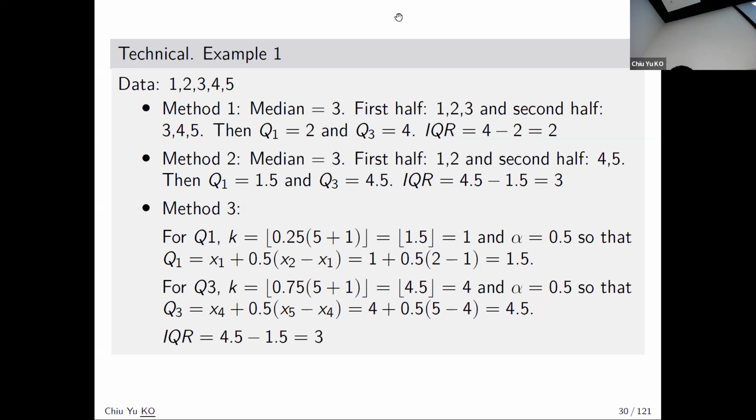You can write x1 plus halfway of x2 minus x1, or 0.5 times that. So 1.5 is equal to x1 plus halfway of the distance. This is the same as this guy.